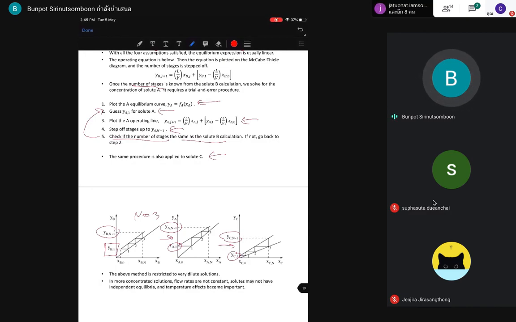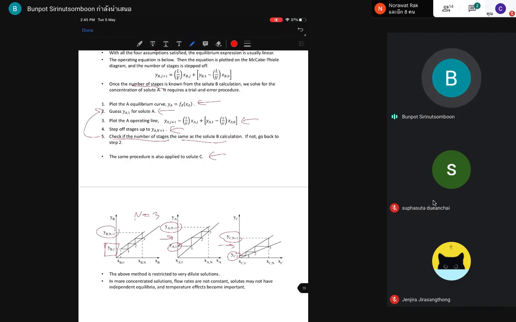You have to assume the system is dilute, and also assume that the solutes ignore each other, they don't interact. The equilibrium of one solute doesn't depend on other solutes. That way you can solve the problem one solute at a time.